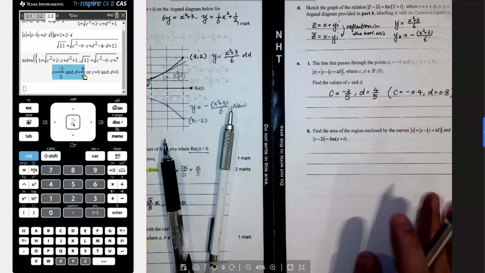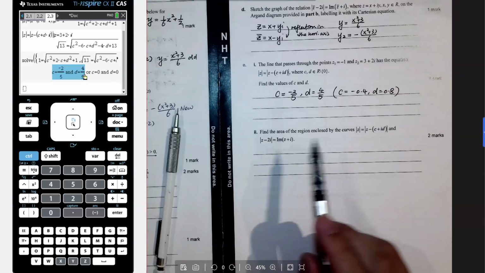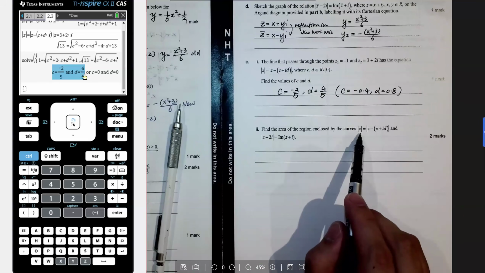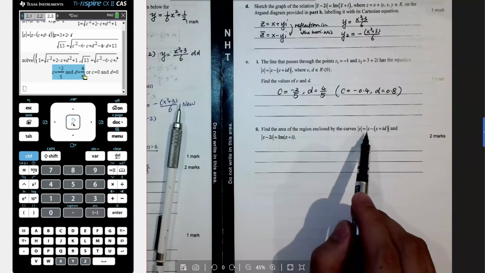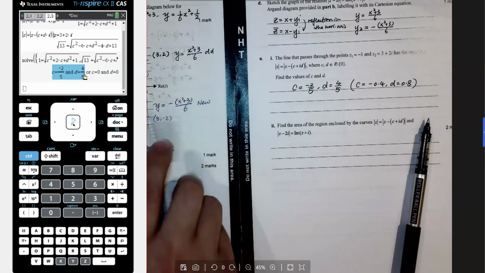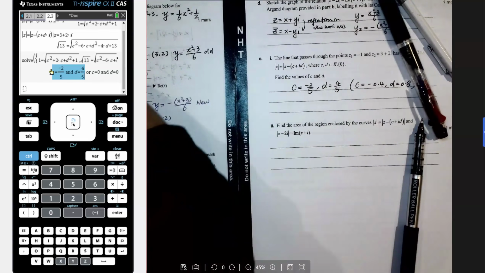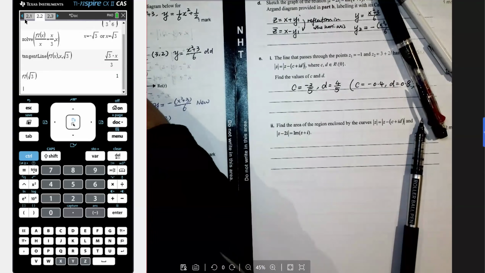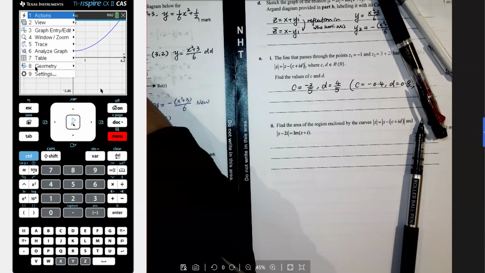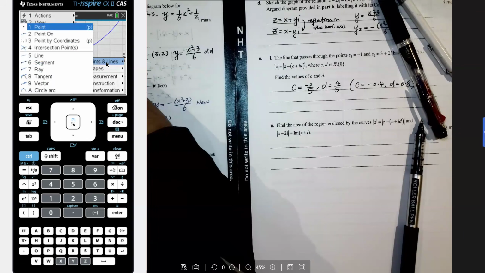Bear with me. And then we want to find the area of the region enclosed by the curves. Okay, straight line, and all right, this is another mathematical question, to be honest with you. So you have a parabola, and it goes through here. Let me just point them out.